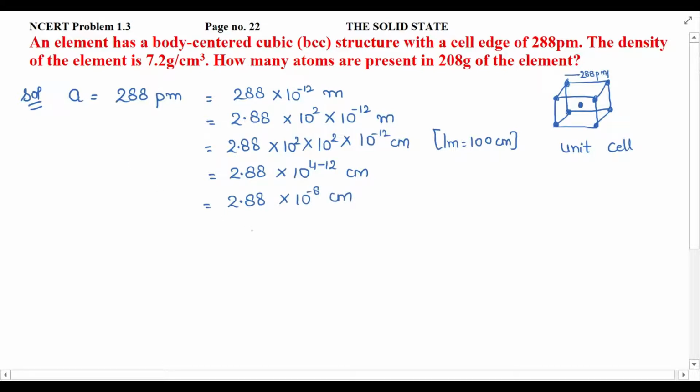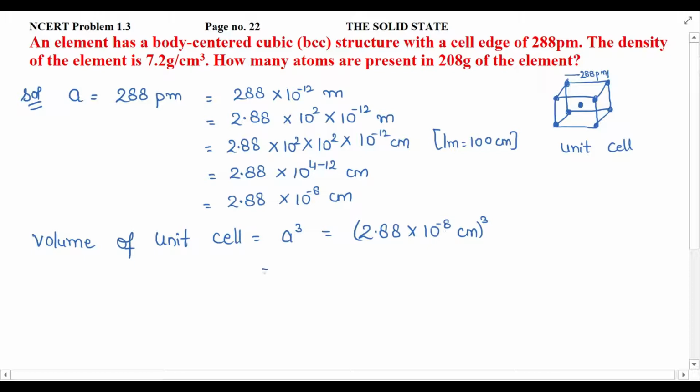Now we are having the edge length in centimeter. Now what we will do, we'll simply find the volume of unit cell, right? Unit cell is a cube. So volume of unit cell will be equal to a cube, right? So a equal to 2.88 into 10 raised to power minus 8 centimeter.